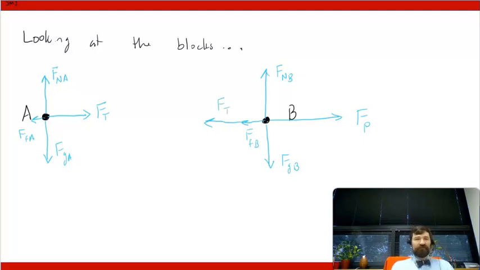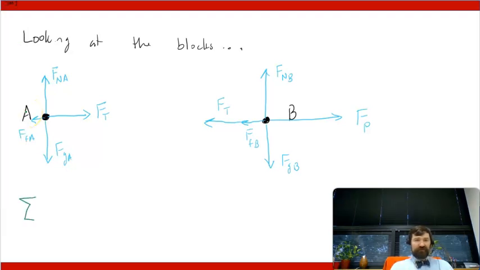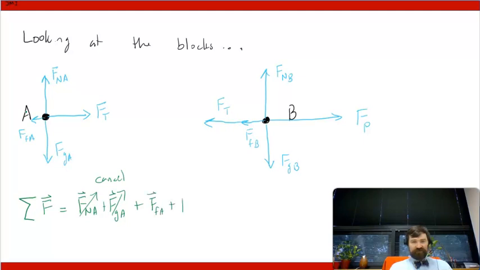So if I wanted to figure out the sum of forces on object A, my sum of forces would look like the normal force on A plus gravity on A, and in the system I've drawn, these two happen to cancel, plus force of friction on A plus force of tension.